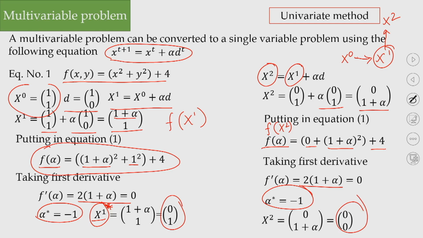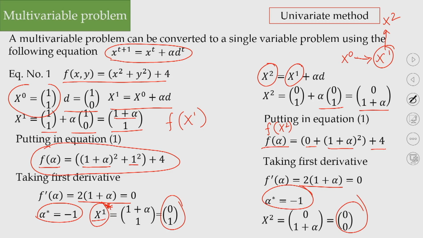Okay. So, this function was a very simple function, and in the second iteration itself I got the optimal solution. But when you are writing your algorithm, you have to check in every iteration whether you are getting the optimal solution or not. So, how will you check? You can take the derivative value.